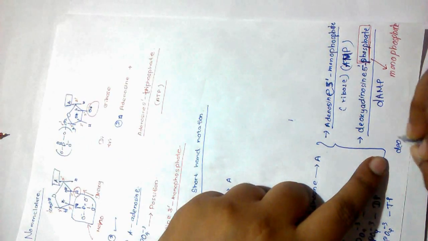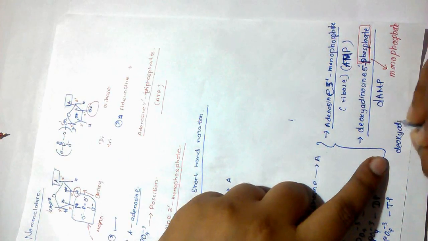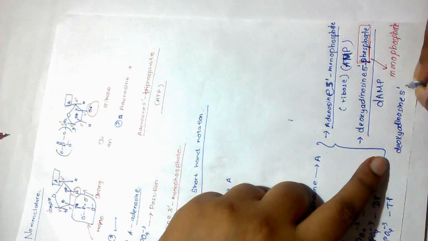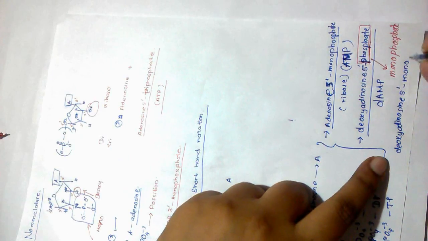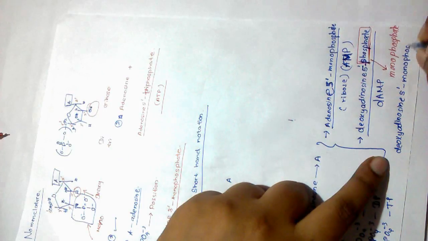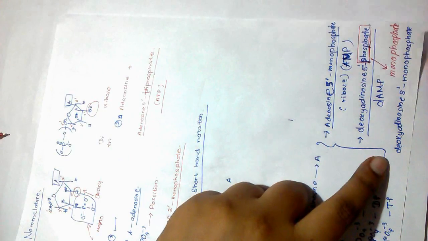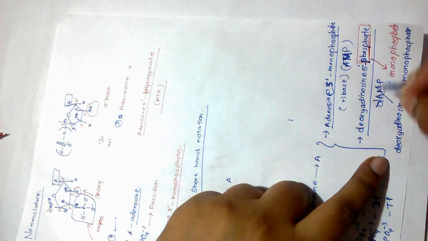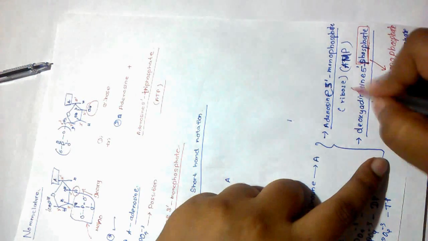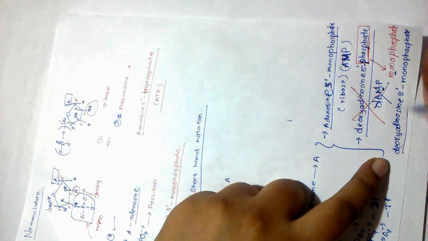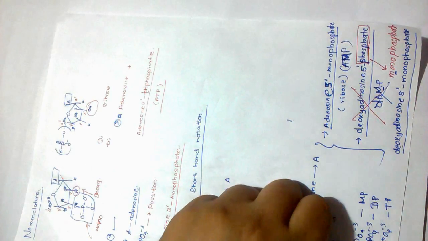So the correct name is deoxyadenosine 5-monophosphate. The earlier one is not correct because there is no mono in there. So this is wrong. This is the correct name. Thank you.